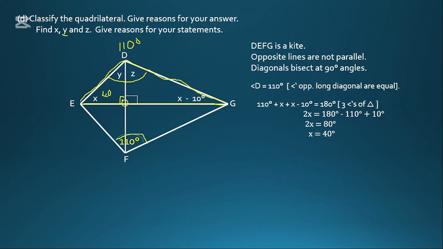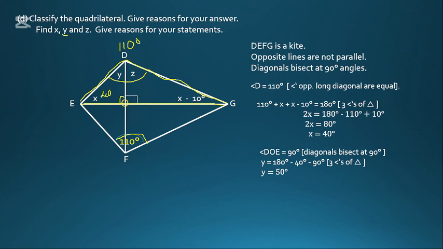So y plus 90 plus 40 is equal to 180. Okay, but we must first say this angle is 90 degrees because diagonals bisect at 90 degree angles. So DOE is 90 degrees. Diagonals bisect at 90 degrees.